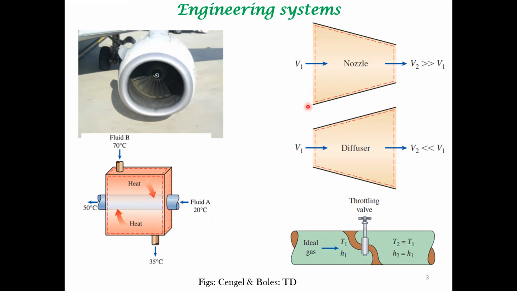And here we are showing a nozzle and a diffuser. All these things are flowing systems. They're not closed systems. There are incoming mass of fluid and outgoing mass of fluid. So how do we implement the first law of thermodynamics to these systems is the goal of this and the next lecture.